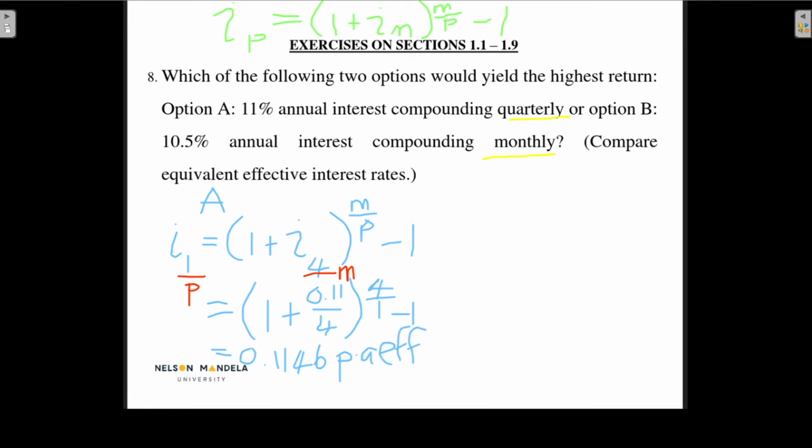That's for option A. So let's have a look at option B. We want to find the equivalent effective annual interest rate. For B, the compounding is monthly.